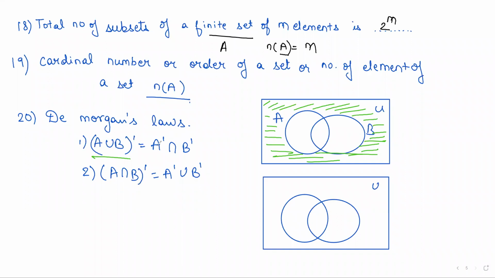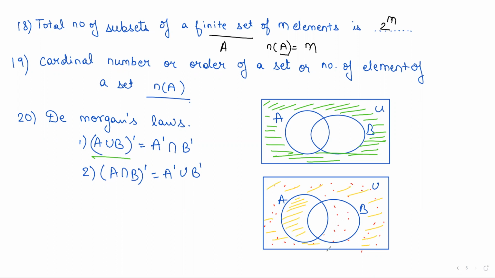The right hand side states A complement intersection B complement. Let's consider A complement first. You have two sets A and B. A complement means everything which is not in A. So the dotted region is not in A, the B minus A part is not in A. And what is B complement? B complement is anything which is not in B. It should be the exterior region and this region.